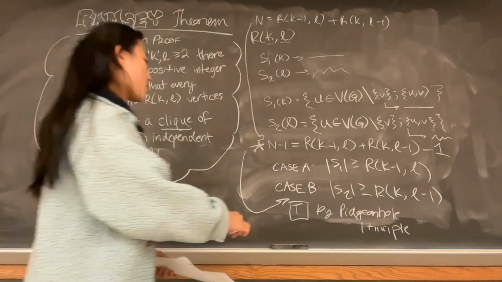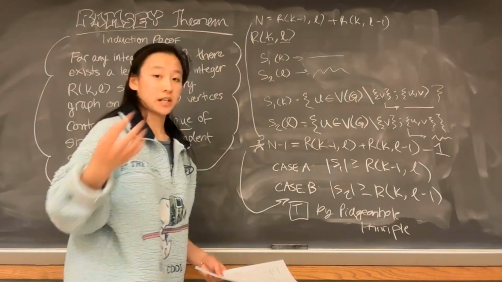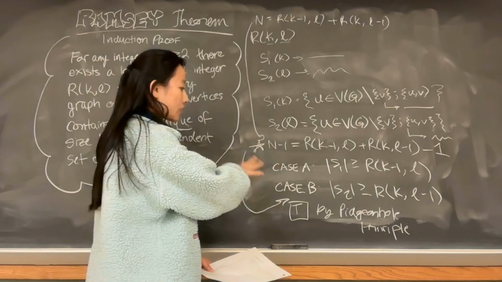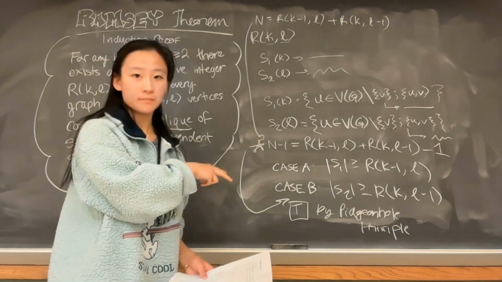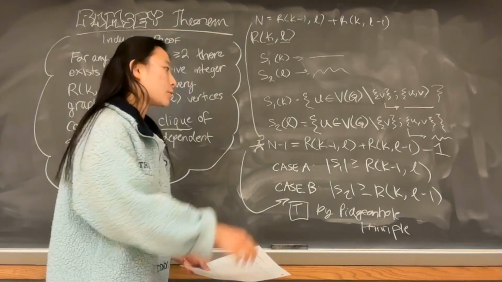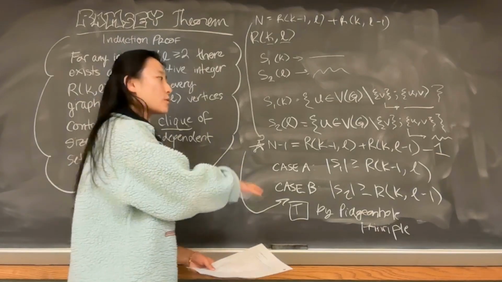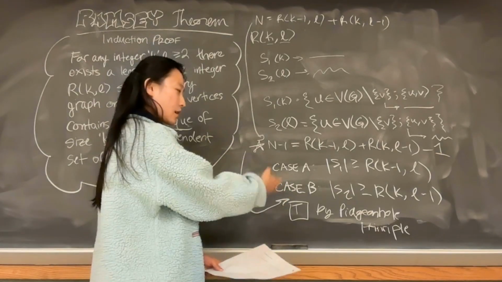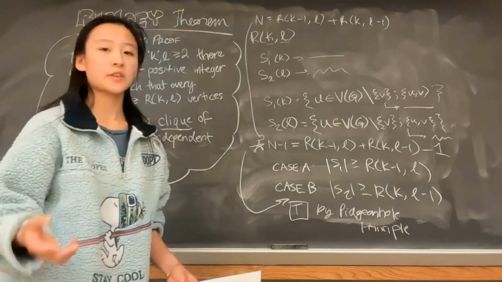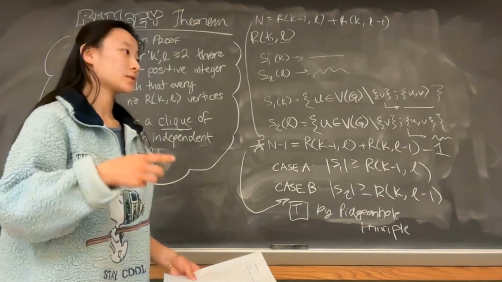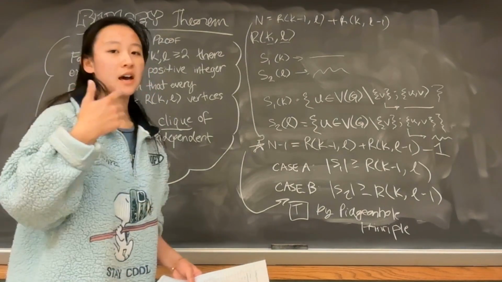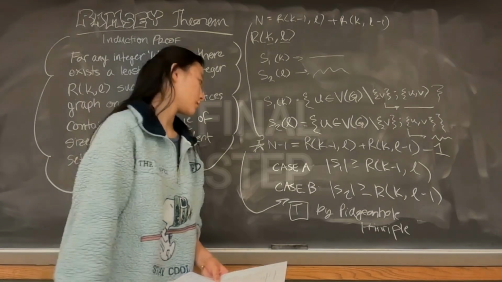So this is what we will be discussing in our next part of the proof. We will be proving case A and case B. Or not proving, we will be explaining why case A and case B help to prove that R of K, L not only exists, but it has to be finite as well.